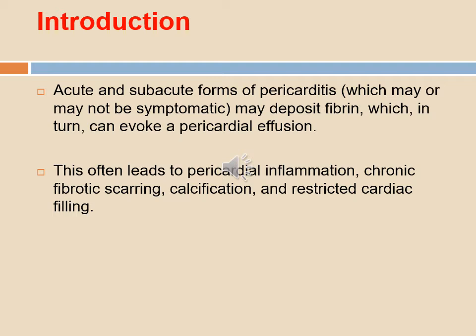Later on, that leads to pericardial inflammation and chronic fibrotic scarring after that. Later on, calcification, which finally leads to restricted cardiac filling hemodynamics, and of course this is some sort of the pathophysiology of our constrictive pericarditis topic.